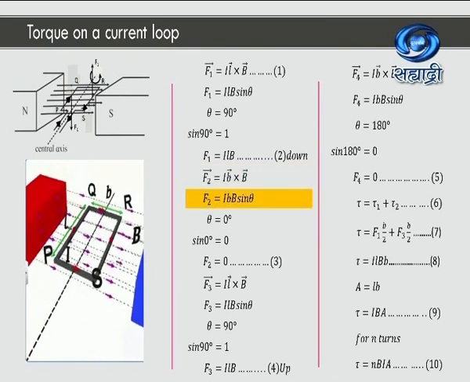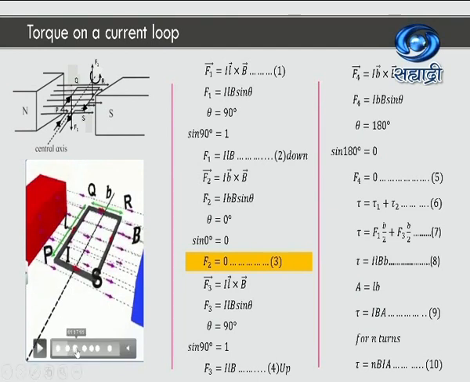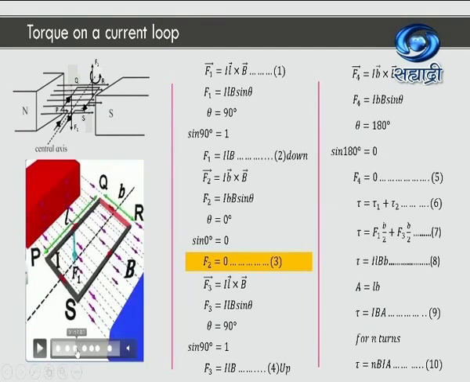So F2 is equal to I b B sine theta. Theta is equal to 0. Remember, QR is parallel to B. Therefore, theta is 0. Sine 0 is 0. So there is no magnetic force acting on QR. F2 therefore is equal to 0. No force at all. Is this clear? There is no force acting on QR side.